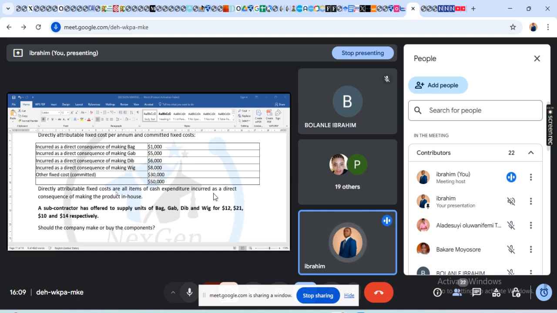Now, I said the committed cost. You are not here when we treated it as relevant cost. The fixed cost, which is committed cost, you did not incur it directly in the process of production. Whether they make it or they don't make it, they will incur the 30,000 naira. So it will not be relevant.